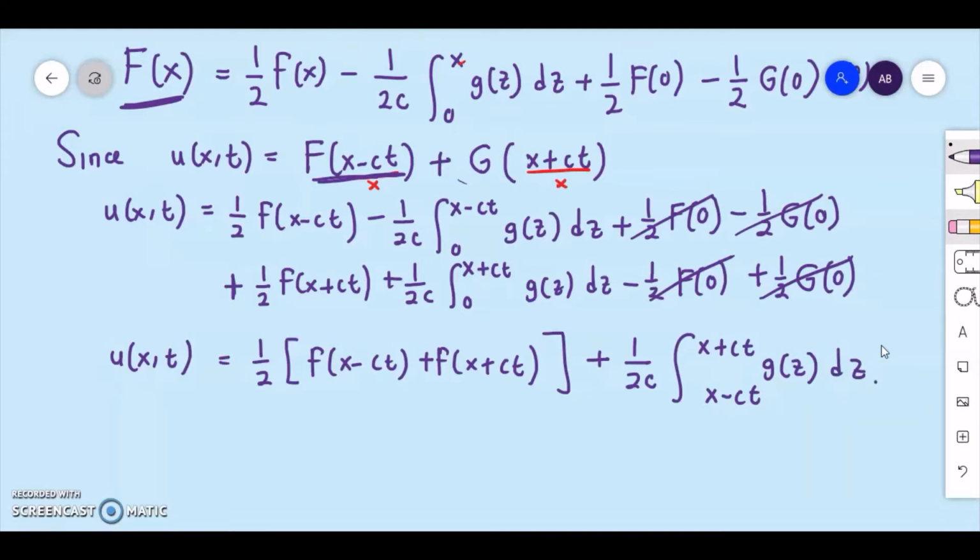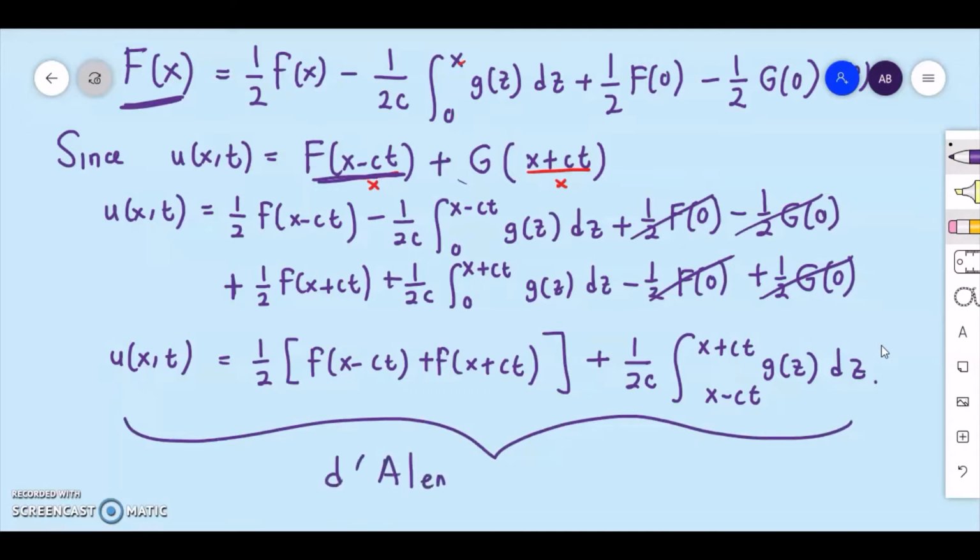So this is the solution for the infinite interval without any boundary condition. The solution here is called the d'Alembert solution.